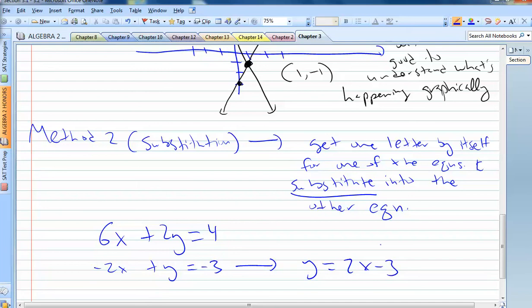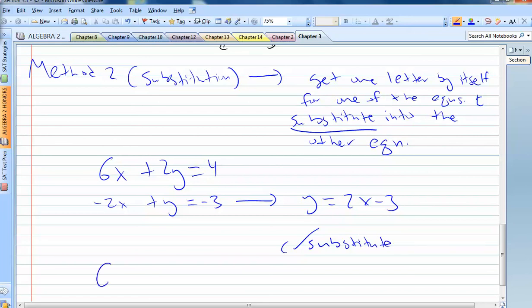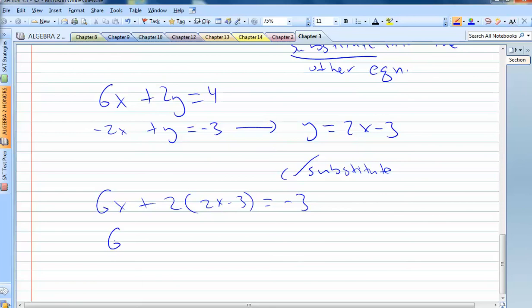Yeah, because dealing with fractions is bad. So then we substitute into the first equation, replace y with 2x minus 3, and just work it out. 6x plus 4x minus 6 equals negative 3. 10x will equal 3.